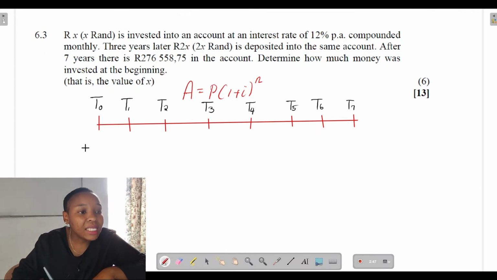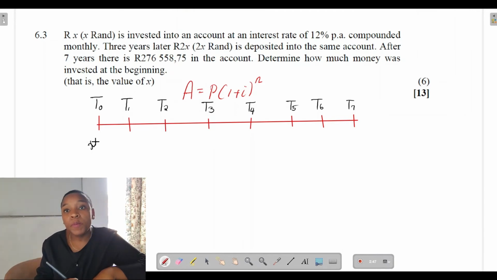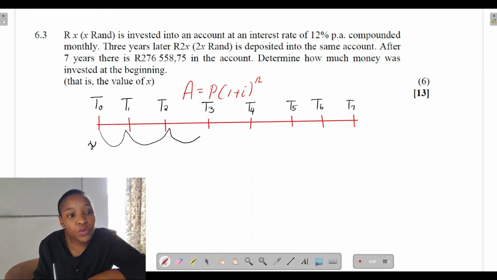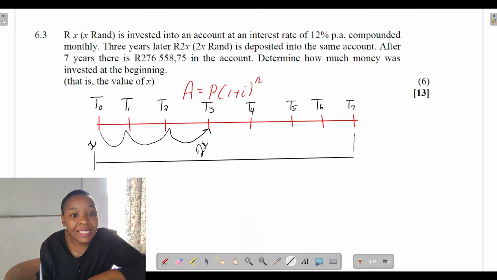We're told that X rands is deposited into our account initially. After 3 years, so 1, 2, 3, we put 2x into the account. We're told that this account generates an interest of 12% that is compounded monthly.